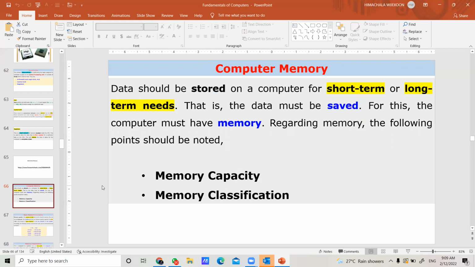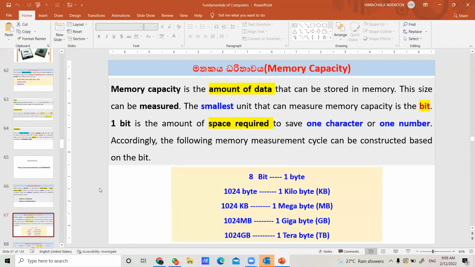We need memory to store data and information, maybe for short term or long term. Already we discussed what is memory capacity. We are using a measurement called bit. Bit is the smallest element we use to measure memory capacity. Based on this bit, we have other measurements also.